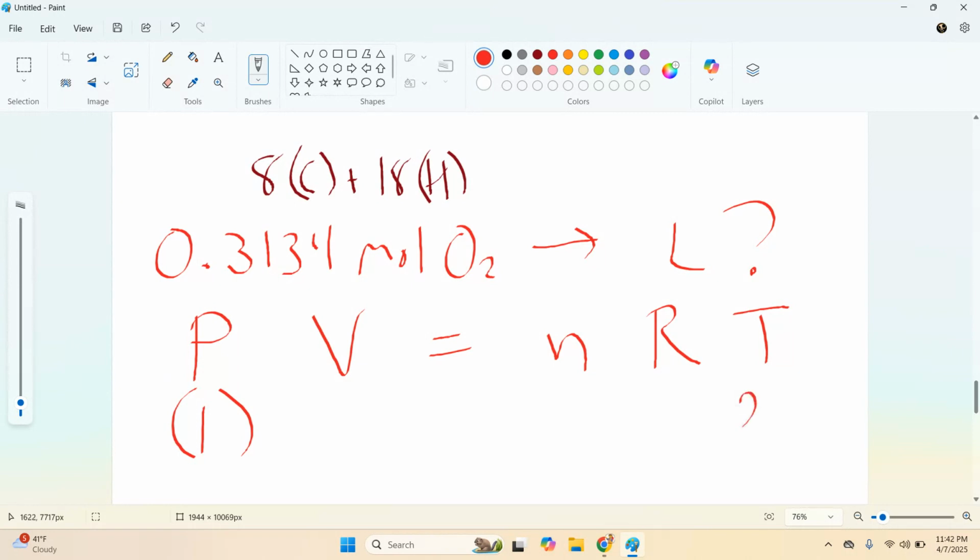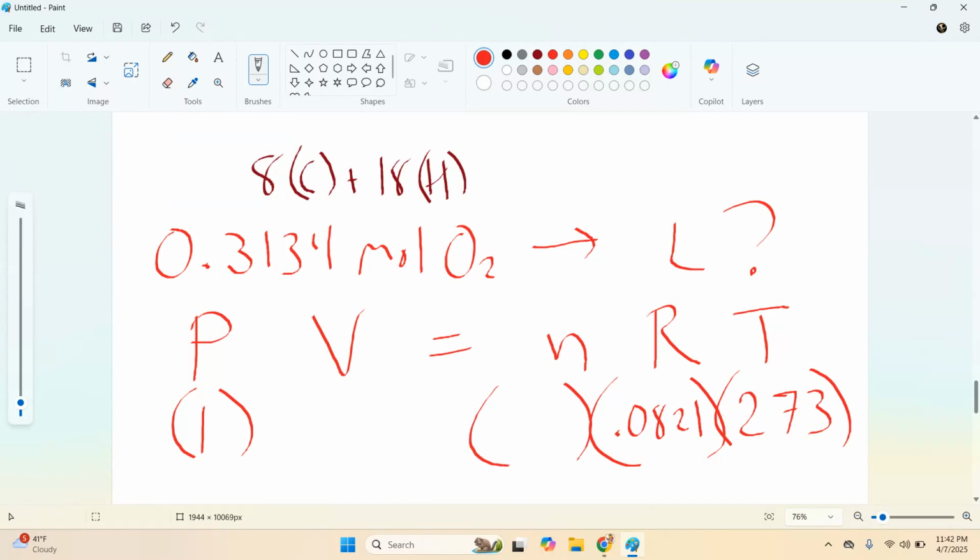The temperature is 273 Kelvin. The gas constant we use would be the one for atmospheres, so the gas constant is going to be 0.0821.